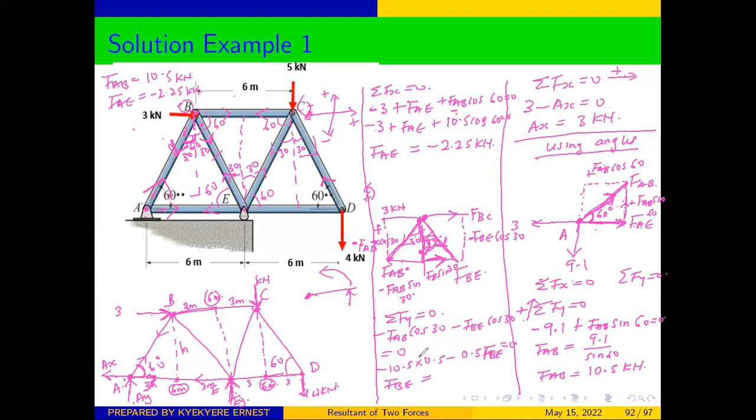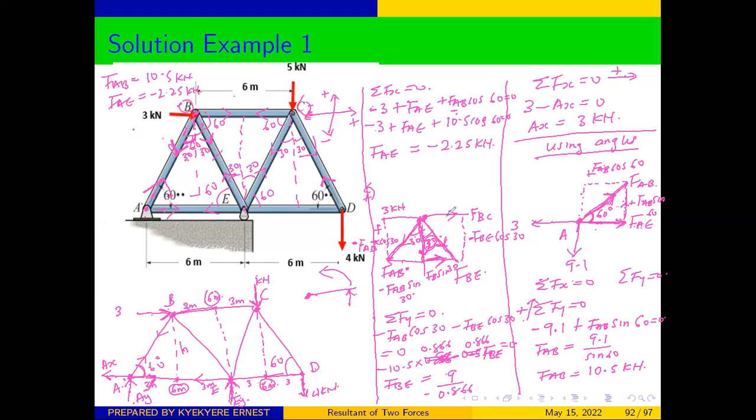Sorry, cos 30 is not 0.5. Cos 30 is 0.866, and cos 30 here will also be 0.866. So from here, we can see that our FBE will be equal to 9 over negative 0.866.